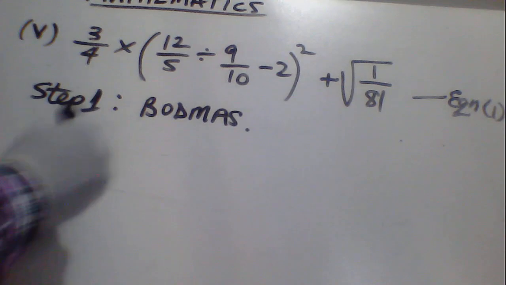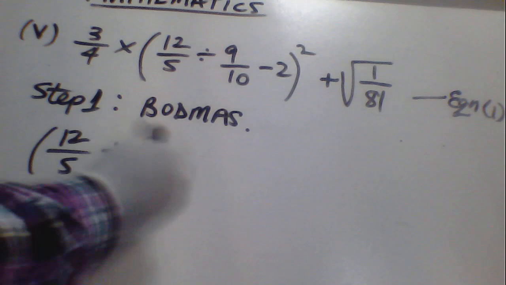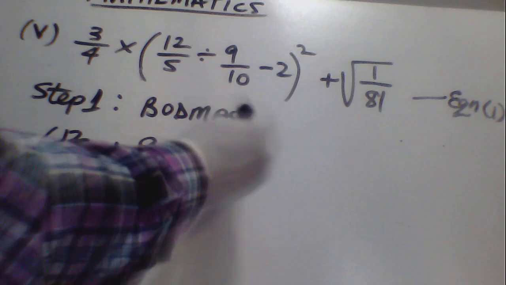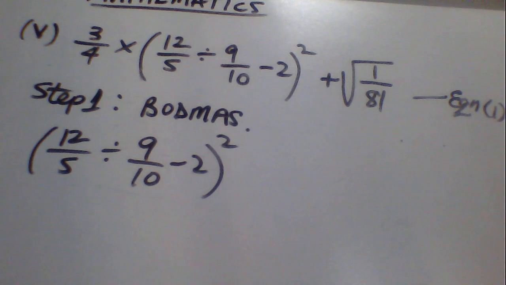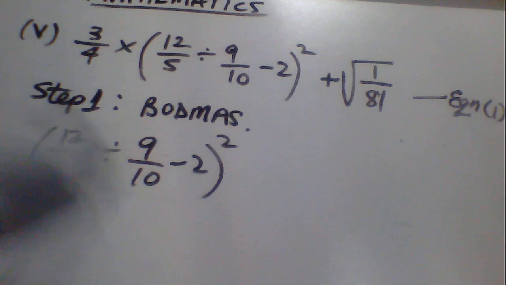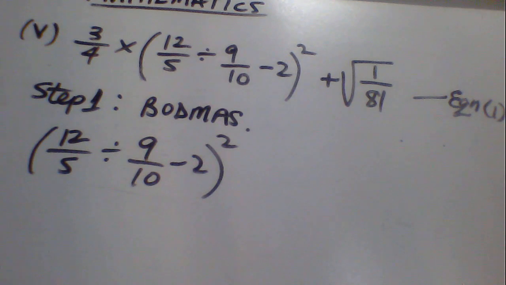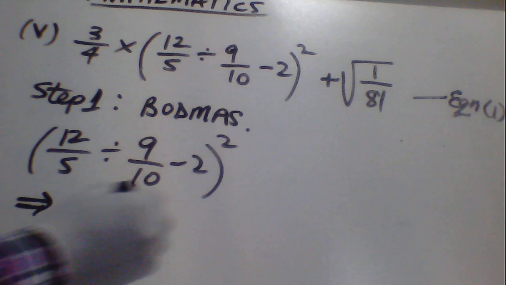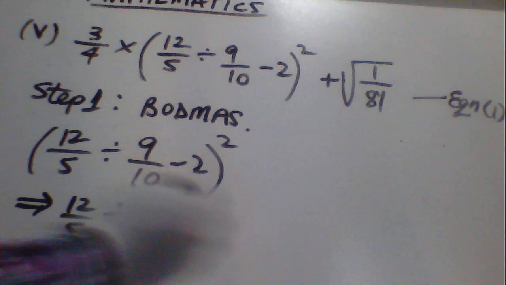In applying BODMAS, let's bring this down here. This is 12 over 5 divided by 9 over 10 minus 2 squared. Under the bracket, you still have to apply BODMAS. Division comes before subtraction. So since division comes before subtraction, we have to solve these two fractions: 12 over 5 divided by 9 over 10.